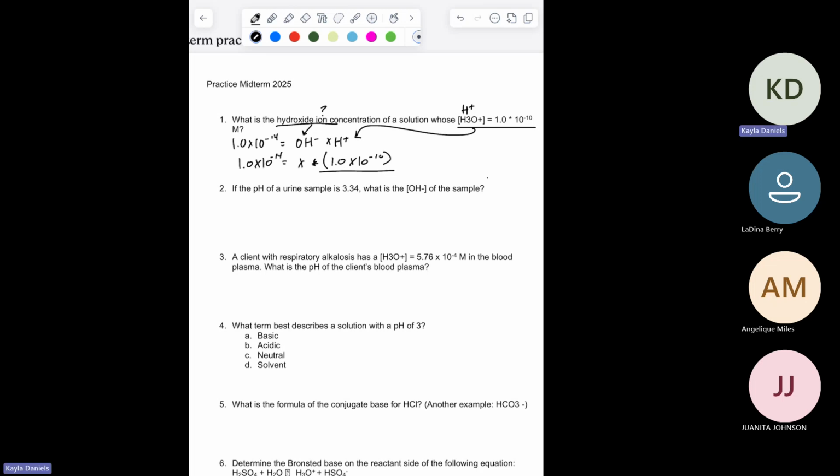To get X by itself, I'm going to divide each side by this. When I plug it into my calculator, I'm going to make sure I use parentheses. And you should get 1.0 times 10 to the negative fourth. So this would be your answer.